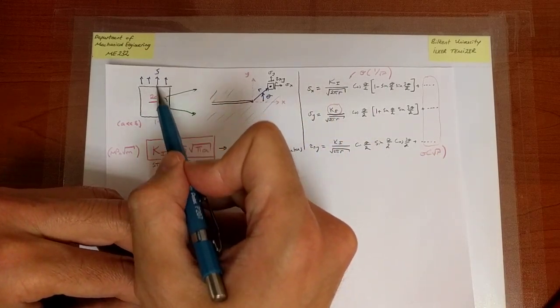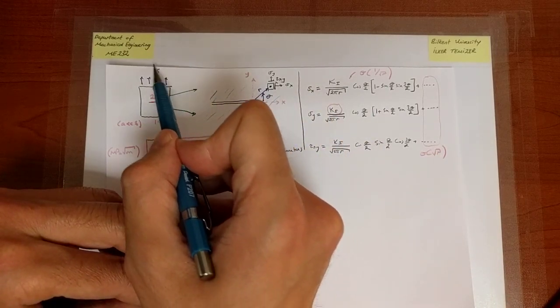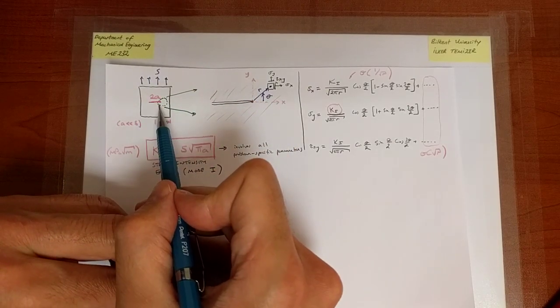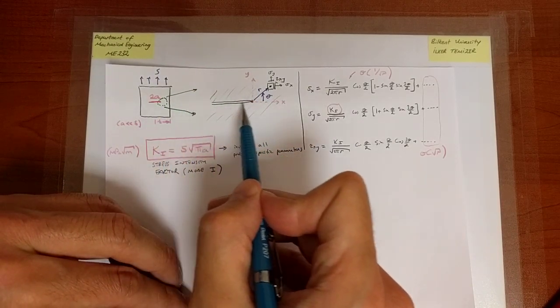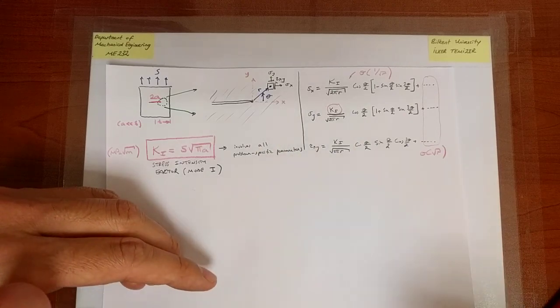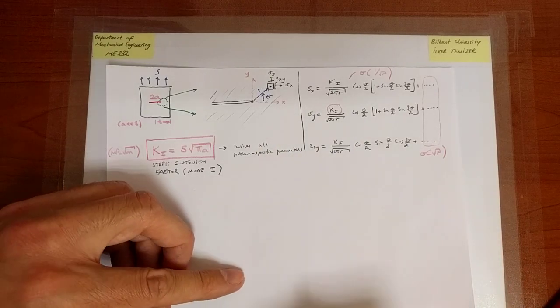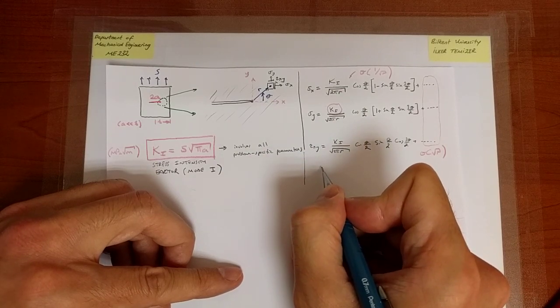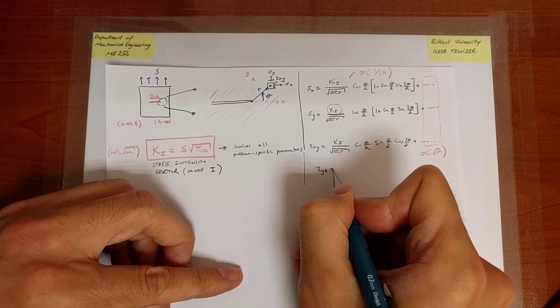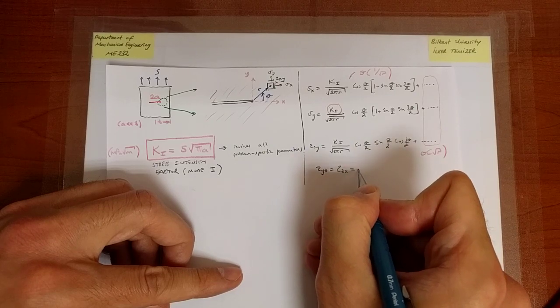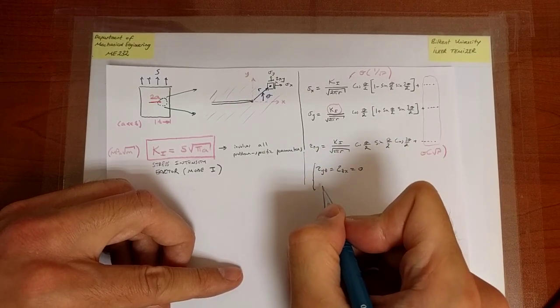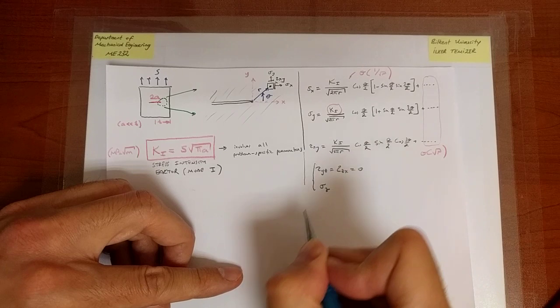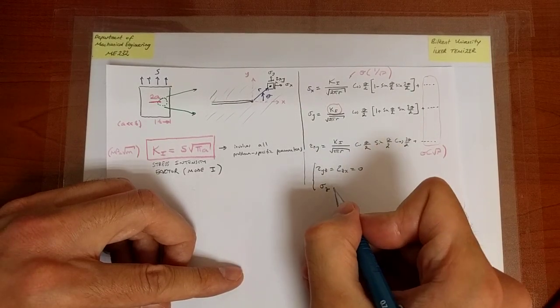It's not purely tensile along the y direction as the far field stress suggests, but it's complicated, and that complication comes in through the presence of the crack. So you might ask, well, what about the stresses that have to do with the z direction? It turns out the stresses that have to do with the z direction are rather simple. First of all, tau yz and tau zx are both equal to 0. And the value of sigma z depends on the type of problem that you have.